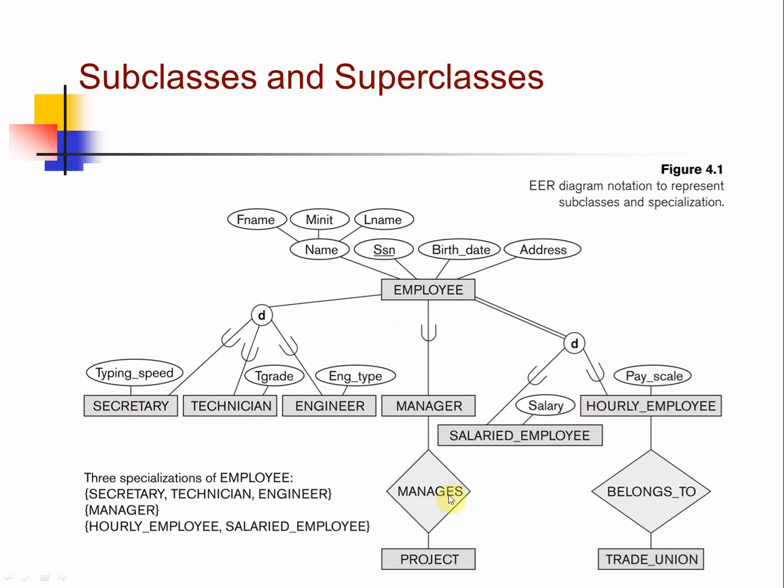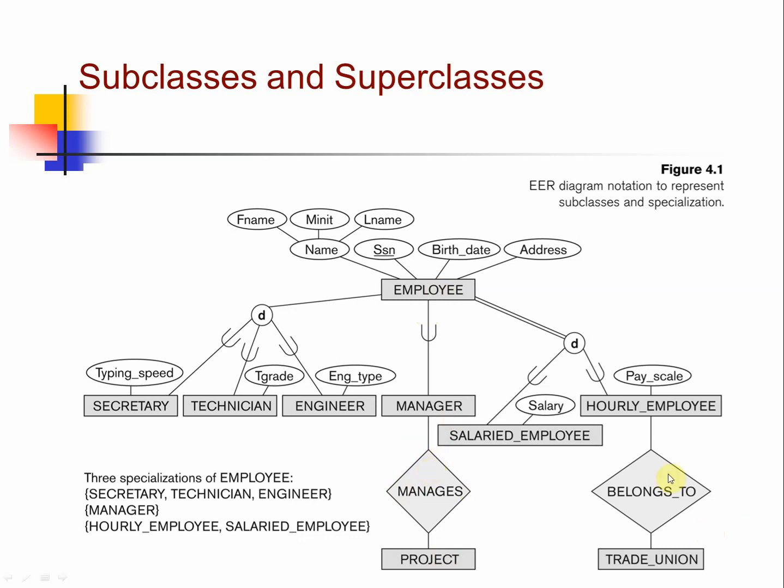However, if you look into a diamond shape, you will understand one thing. A diamond shape connects two different entities. Employee is employee, project is project. So you can see that employee and project are two different things. They are connected through a diamond shape, which means a relationship here.